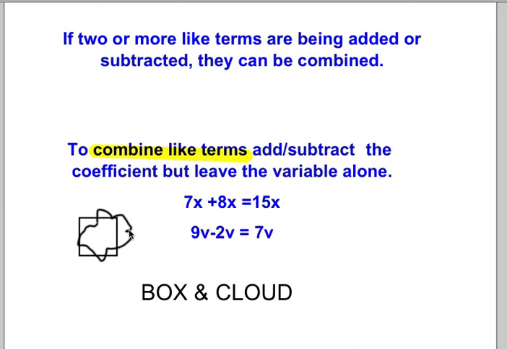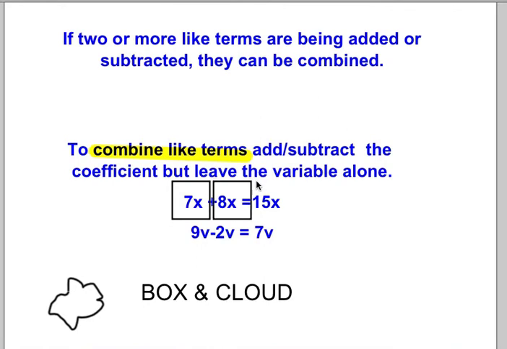So I'm going to look at this first problem where I have 7x plus 8x equals 15x. I take whatever has the same variable and I put it inside the same shape.